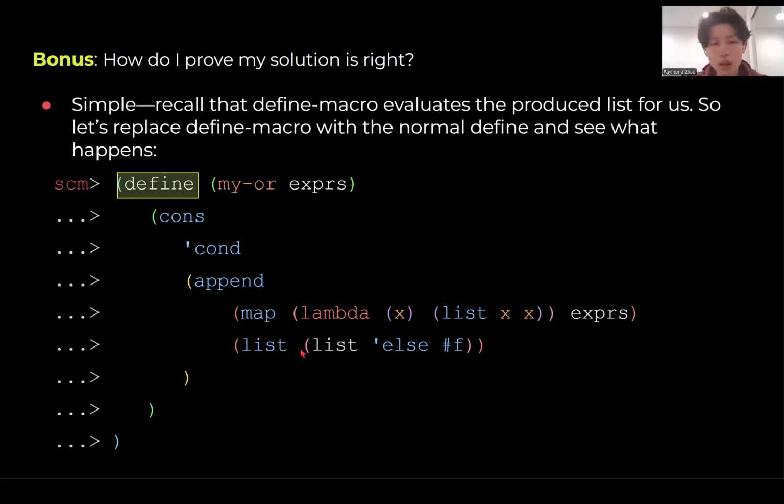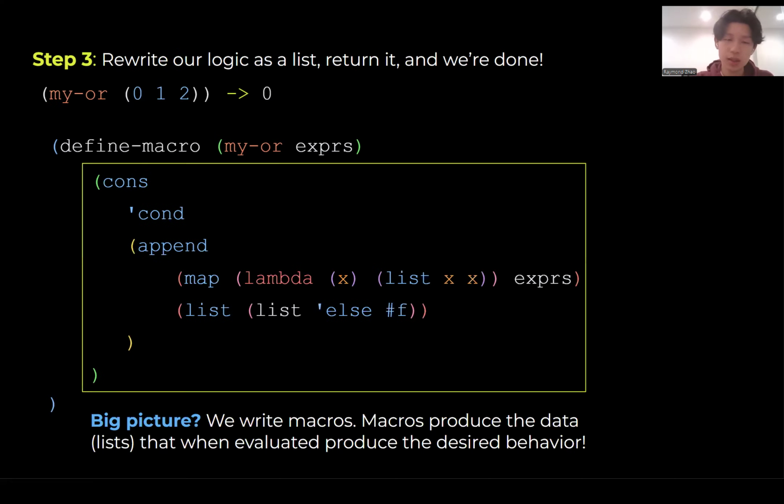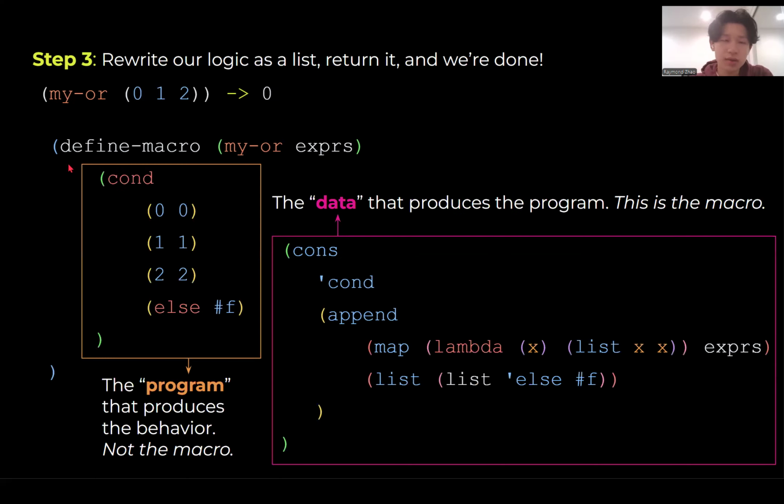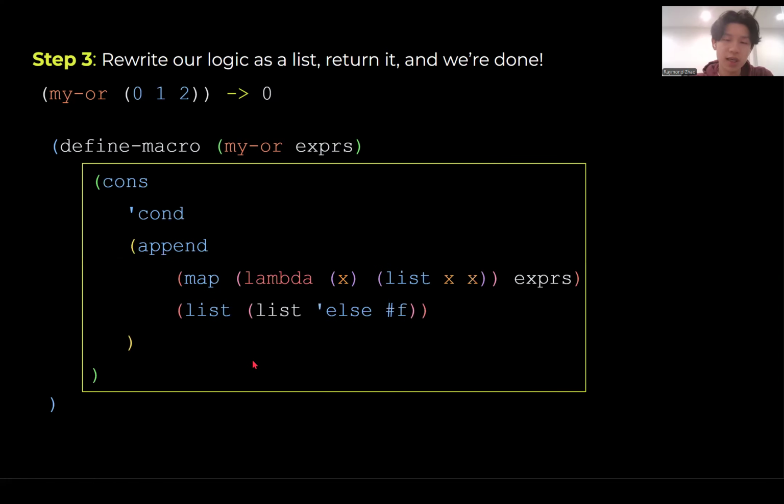Very quick aside, how do I prove my solution is right? Well, recall that the find macro is going to hit my evaluated expression with an extra evaluation. So if I want to see that intermediate form that gets produced, like here, if I wanted to investigate this orange box, which would be very helpful for debugging, right? But the macro sort of hides that from us.